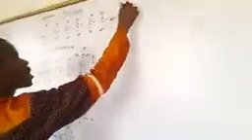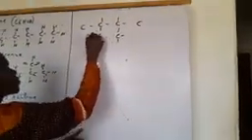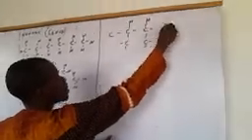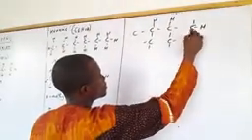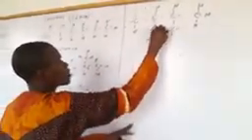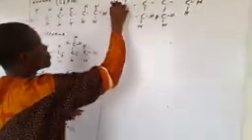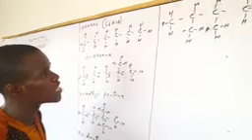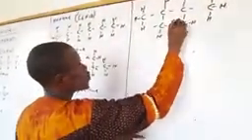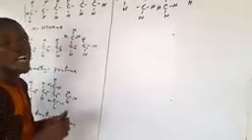Then the next one, let's quickly consider the other one. The attachment: let's consider 1, 2, 3, and 4. We have an attachment here, with hydrogens all around. If you have to do the naming here, we can start the numbering from any of these sides.